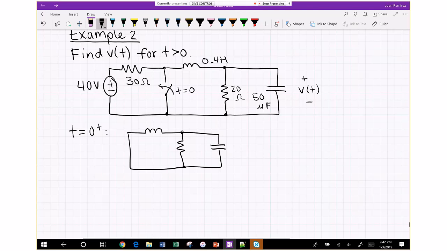Therefore, the resistance used to calculate damping factor is simply 20 ohms. And we do the calculation and get 500 nepers per second.